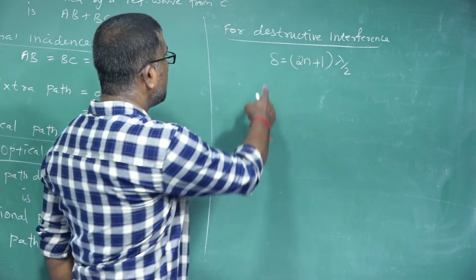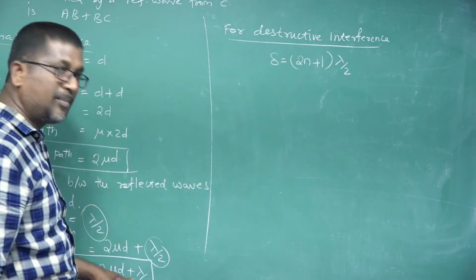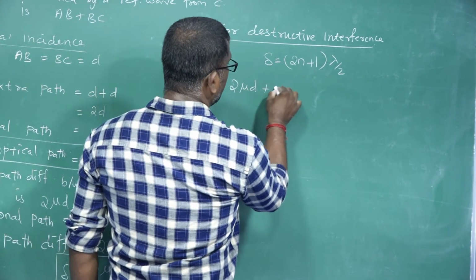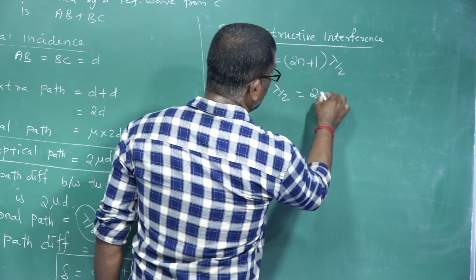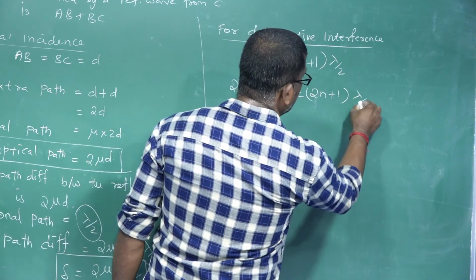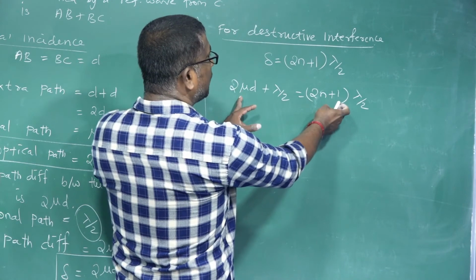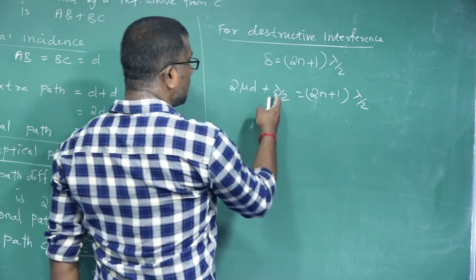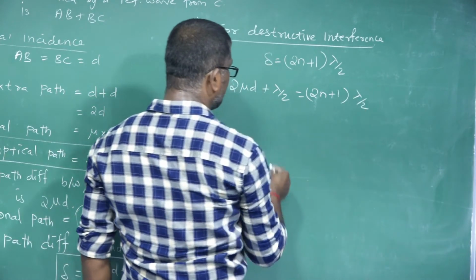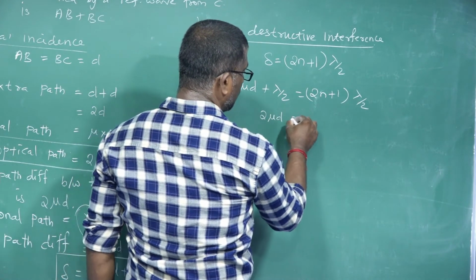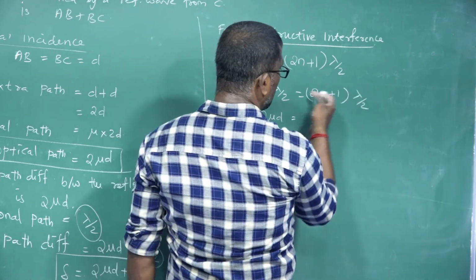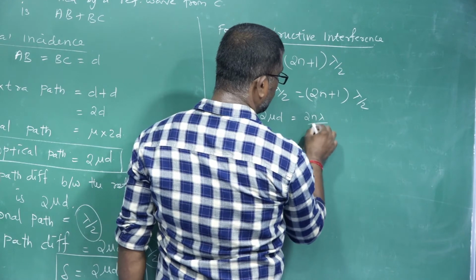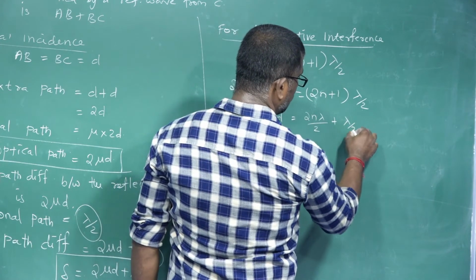The path difference is 2 mu d plus lambda by 2. So 2 mu d plus lambda by 2 is equal to 2n plus 1 lambda by 2. This is the condition for destructive interference in the case of reflected waves. If lambda by 2 is taken to this side, 2 mu d is equal to, multiply lambda by 2 in these two terms, 2n into lambda by 2 plus lambda by 2.